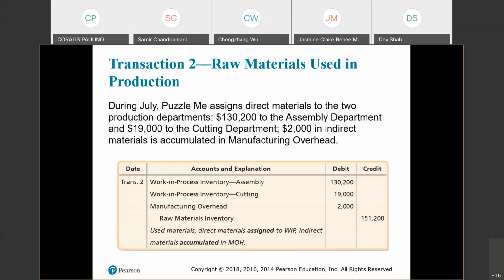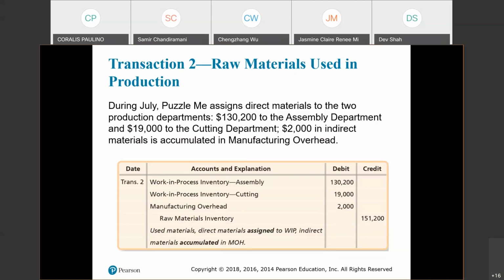In addition, it has $2,000 in indirect materials accumulated in manufacturing overhead accounts.